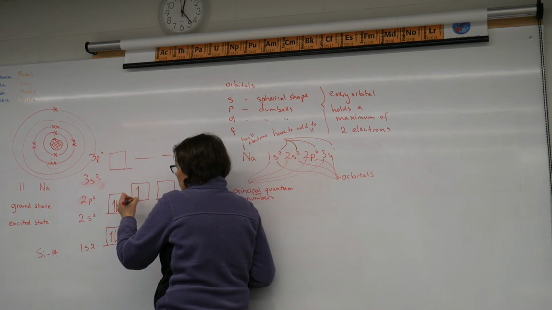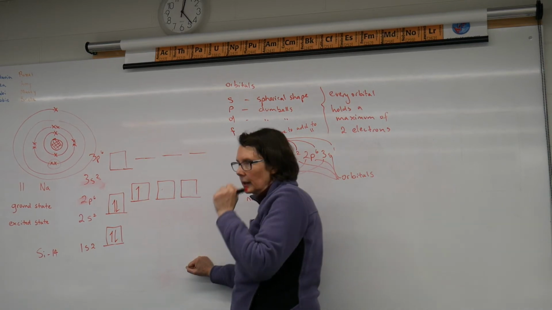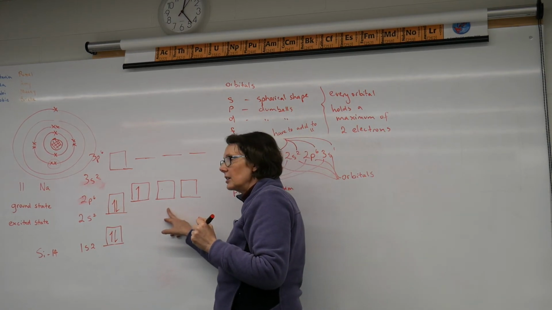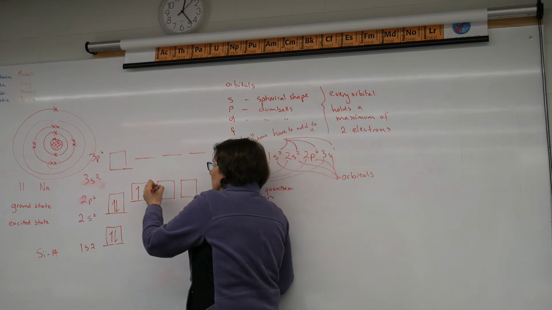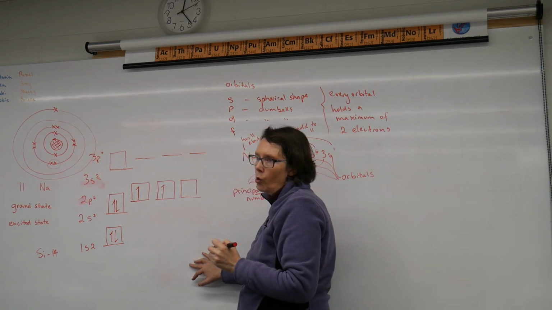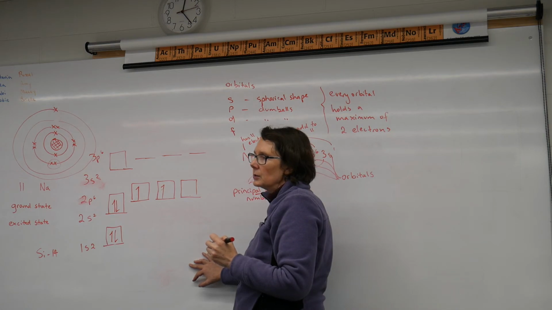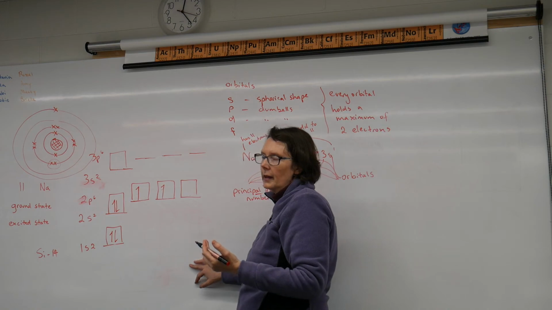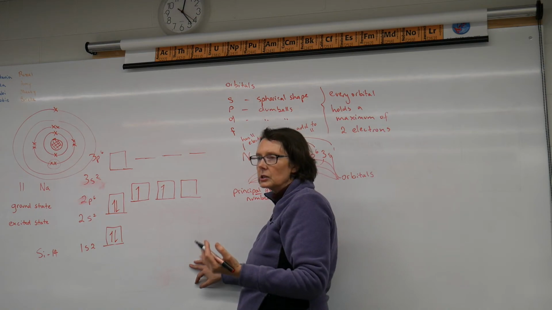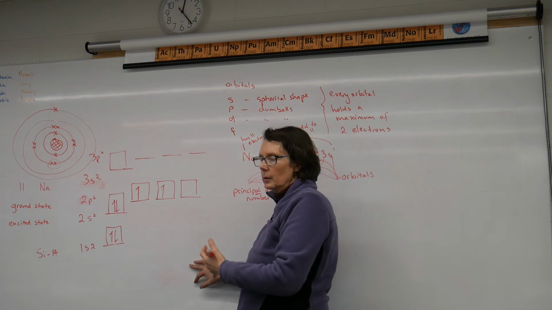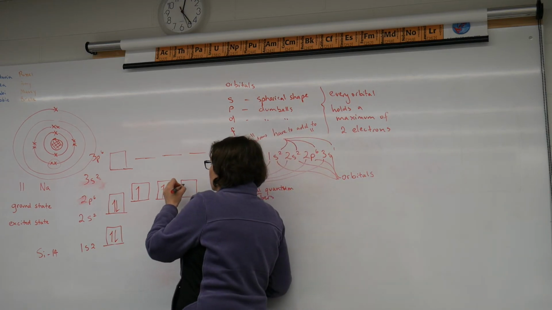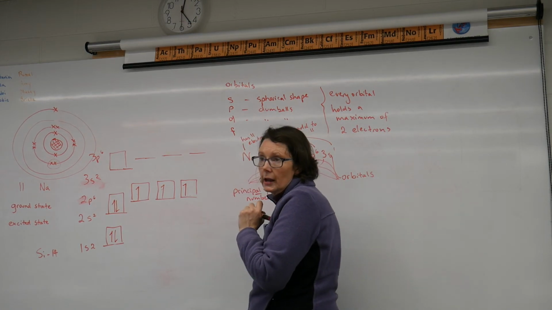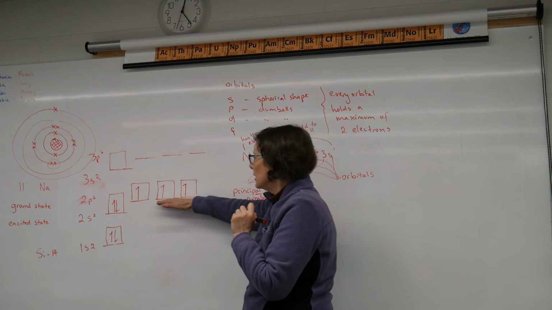The fifth electron goes into the first p orbital, but the 6th electron goes into the next empty orbital because it's more stable for the electron to be by itself than it is to be paired up. The next one, again, goes into the next empty orbital because these are all at the same energy level.